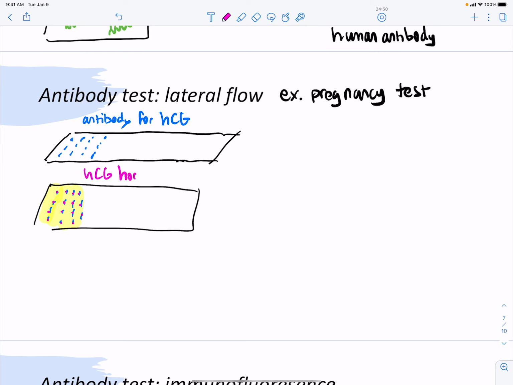So now they're bound. And then the urine-antibody mixture next reaches an area where a second antibody against a different epitope of the hormone has also been put on the surface. So we're going to have a next layer. I'll kind of draw it here. And here you're going to have another antibody.